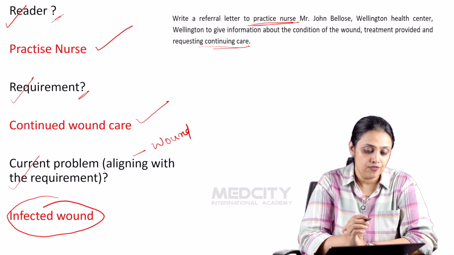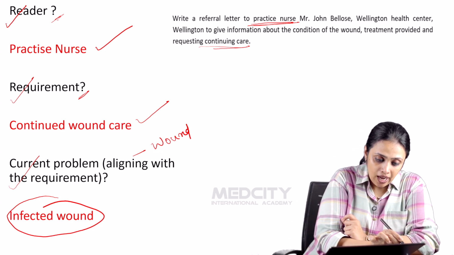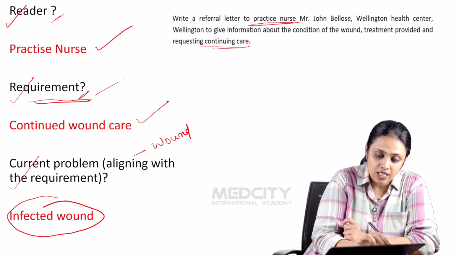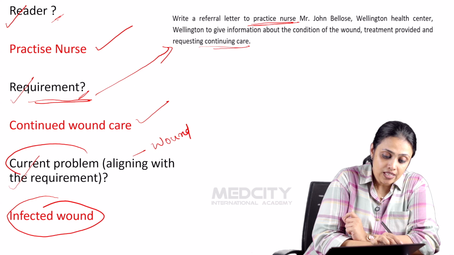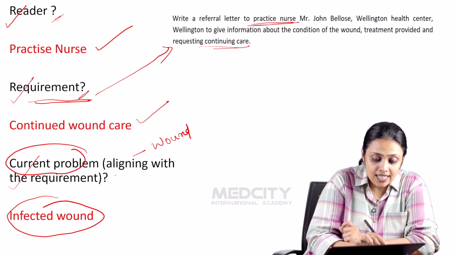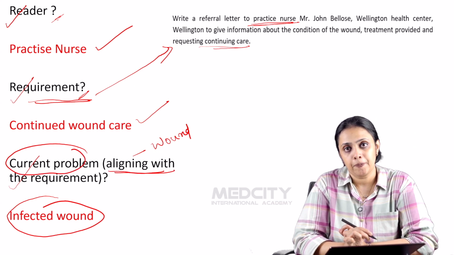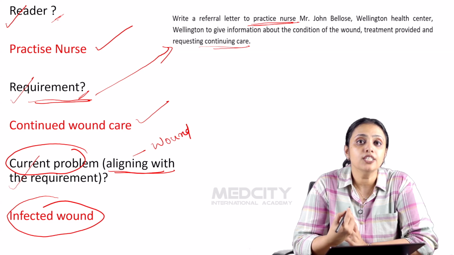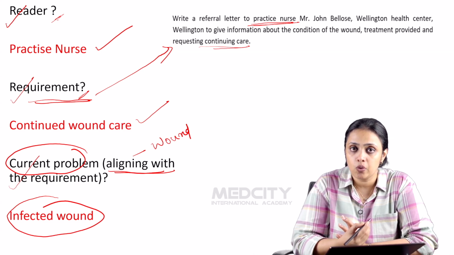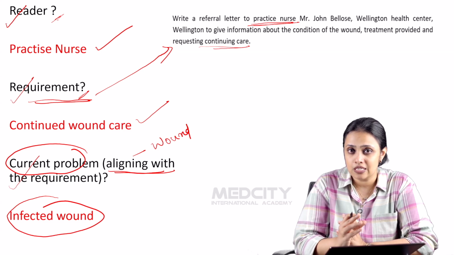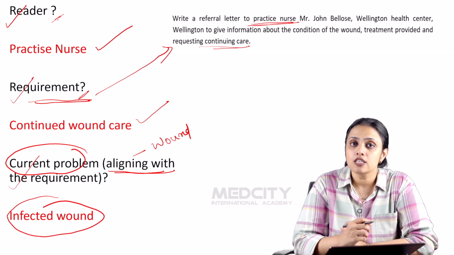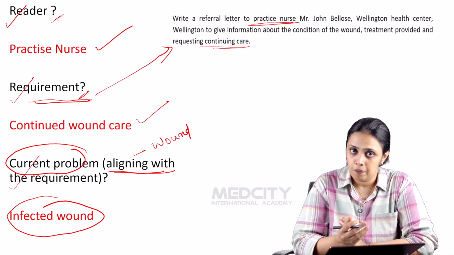We have to identify what the requirement is as per the writing task, and we have to fix the current problem which aligns with that requirement. So here it is continued wound care. And why does the patient require continued wound care? Even though in the last visit the patient shows signs of wound healing, the swab culture has turned out to be positive.